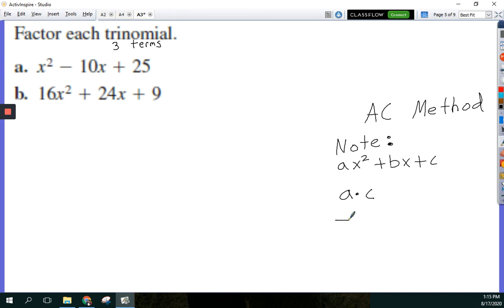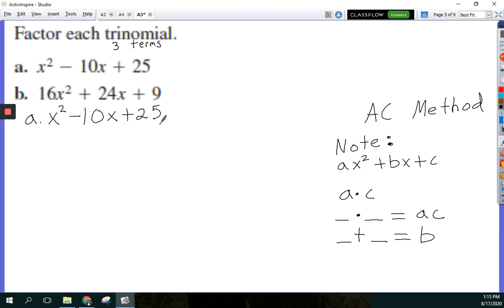And I want to find two numbers that multiply together to give me a times c, and that same set of two numbers add together to give me b, or that middle term. So remember that when I'm talking about a, b, and c, I'm only talking about the number. The x's don't go with it. So in our first example, we have x squared minus 10x plus 25.